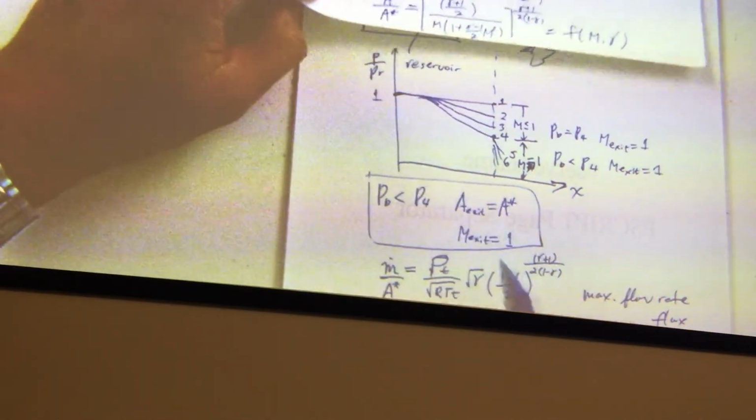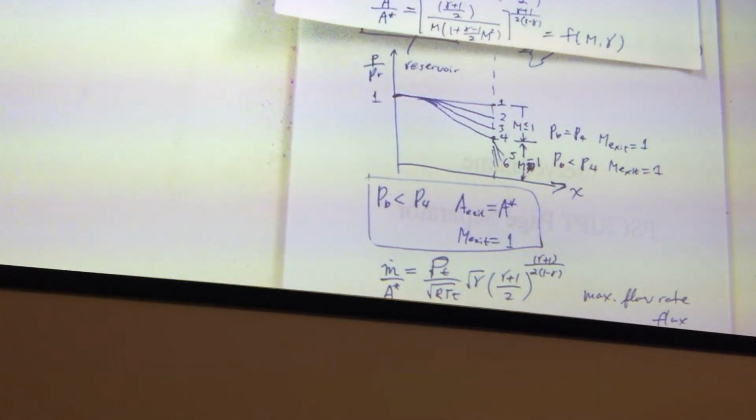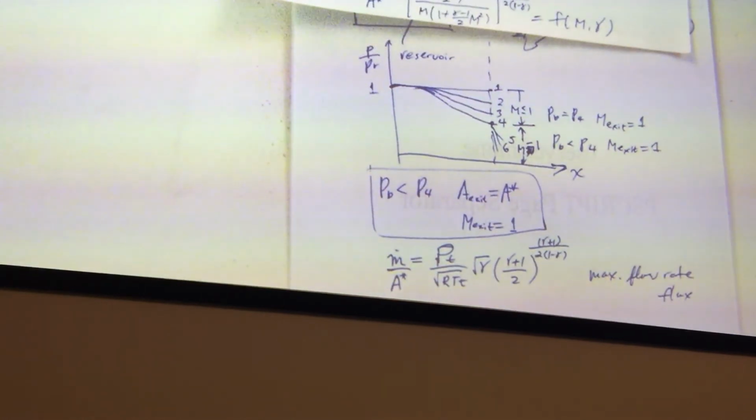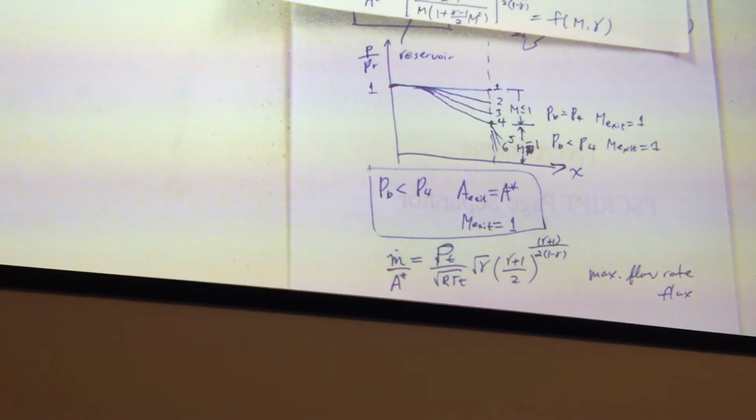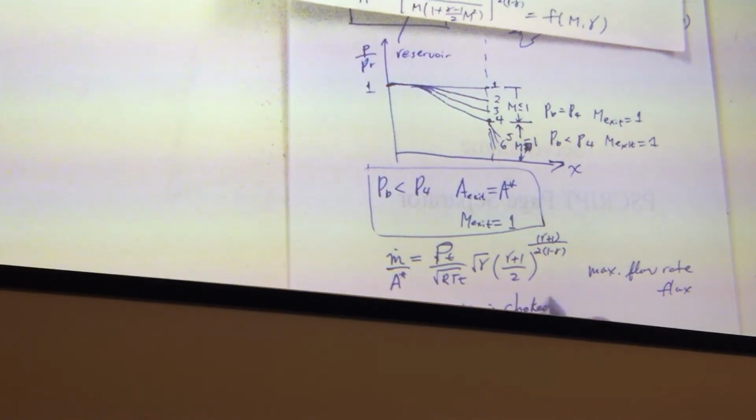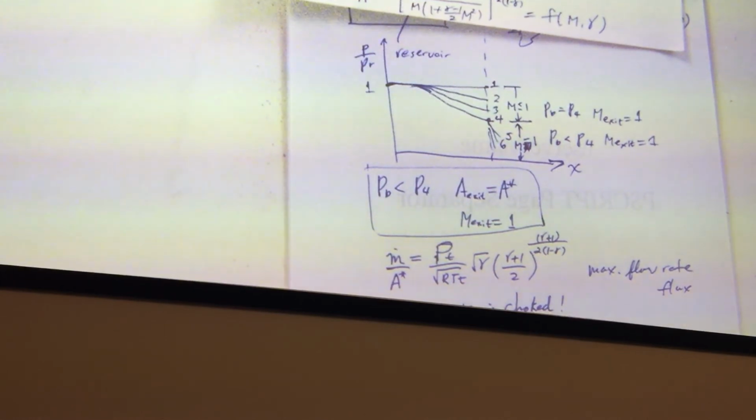M exit equal to 1. And this will be your maximum mass flow rate. So the nozzle is choked, meaning it cannot let more mass flow rate pass through. Yes. So the extra energy is turned into heat? No.